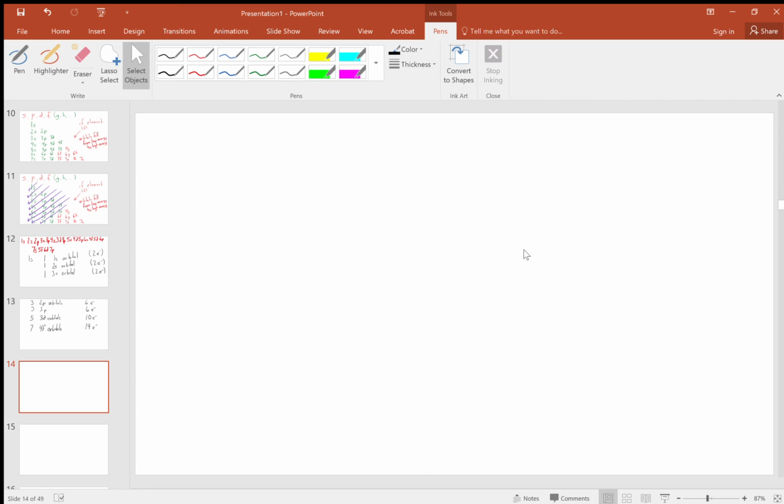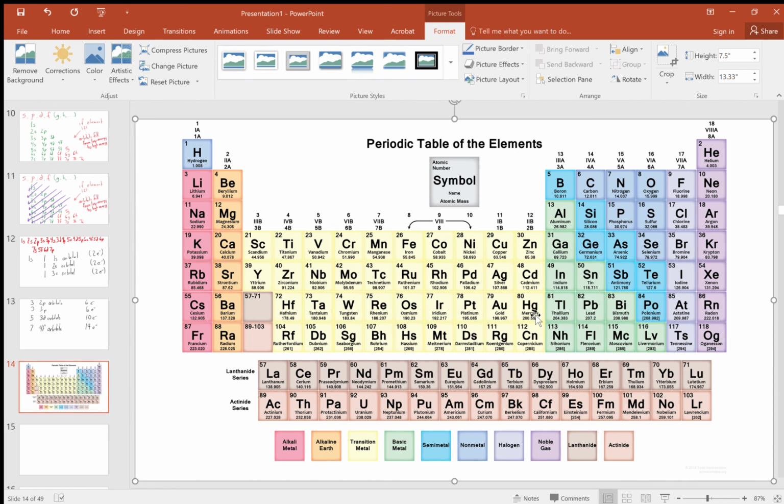So I want you to keep those numbers in mind as I bring our periodic table back. Again, remembering that the s can hold 2, the p can hold 6, the d can hold 10, and the f can hold 14.